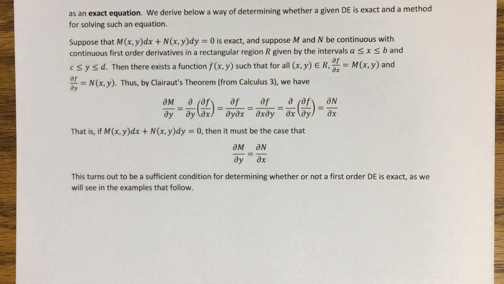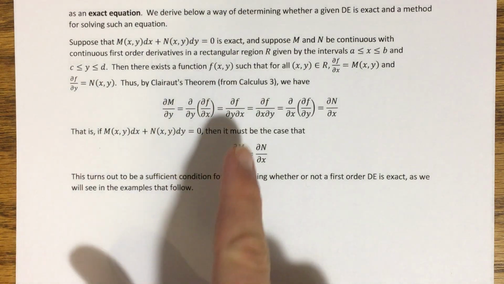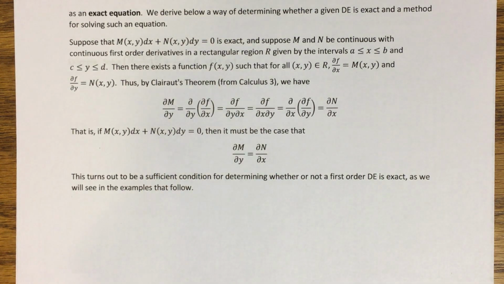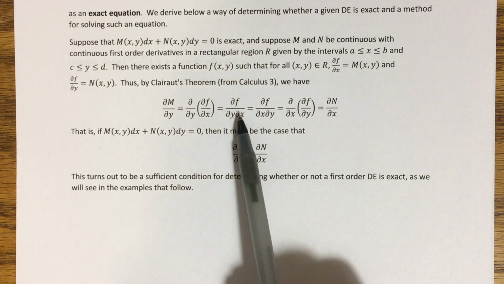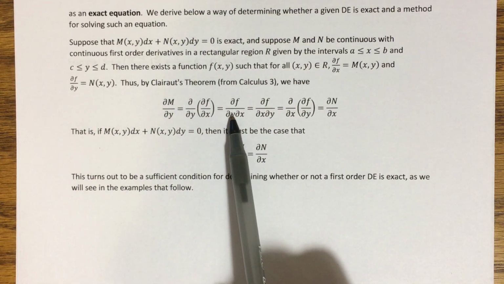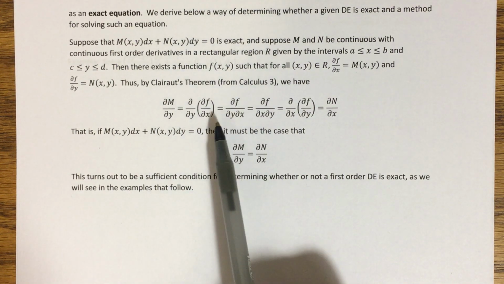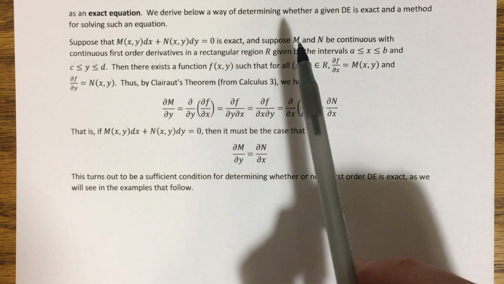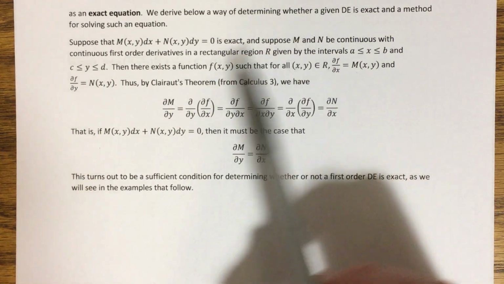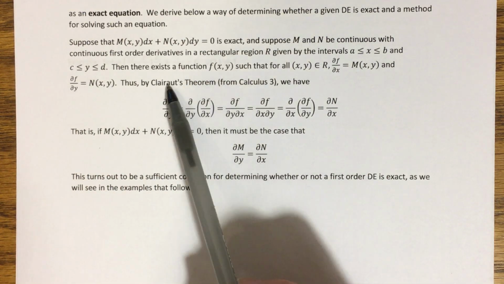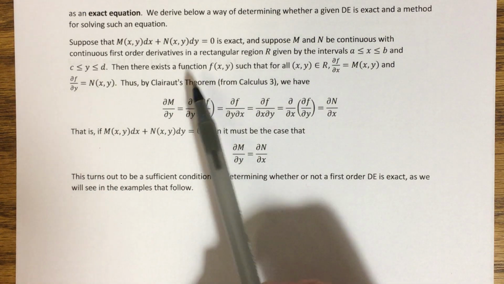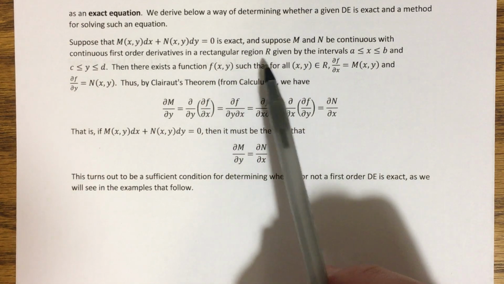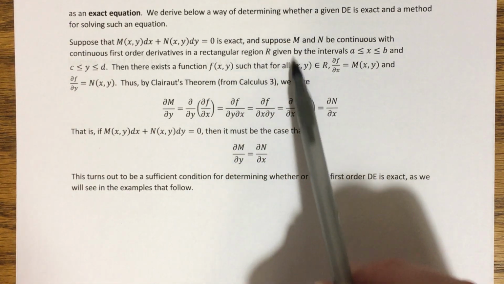If you're not used to working with partial derivatives, that may not look like much happened right there, but that's actually a very big deal that we can do that. We can only do that if M and N have continuous first-order derivatives. That's what allows us to use Clairaut's Theorem in the first place, specifically continuous first-order derivatives on some rectangular region. That's what this whole setup here is talking about.